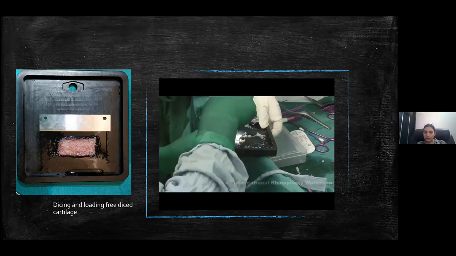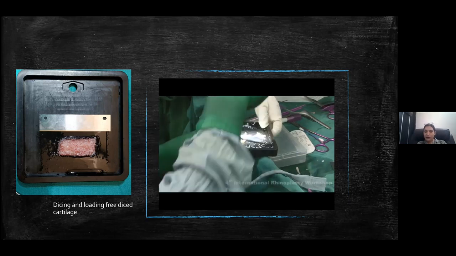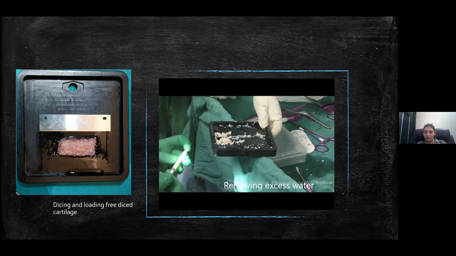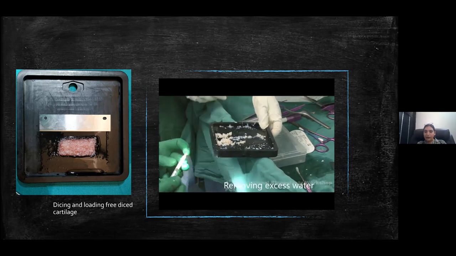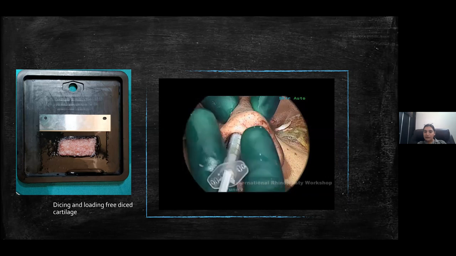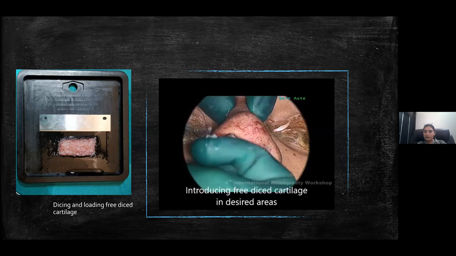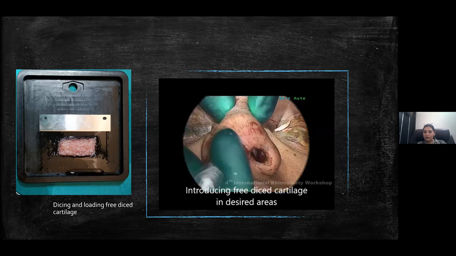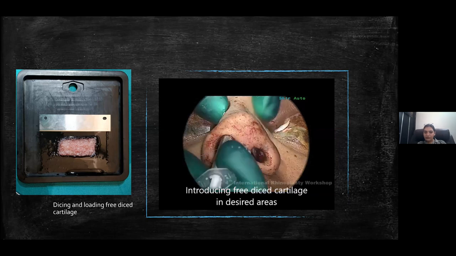Usually what we do is we make small holes in this insulin syringe so that the excess water can be expressed out. And this syringe is ultimately used to insert this free diced cartilage in the areas of minor depressions.